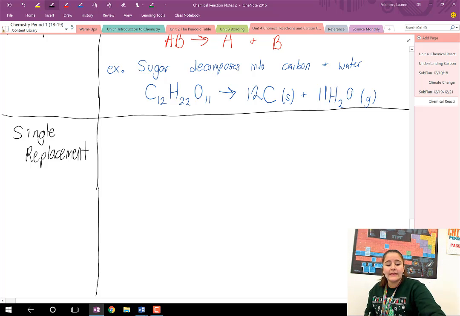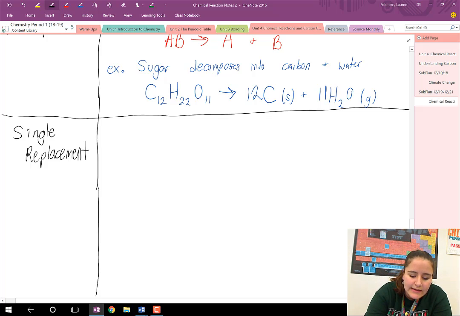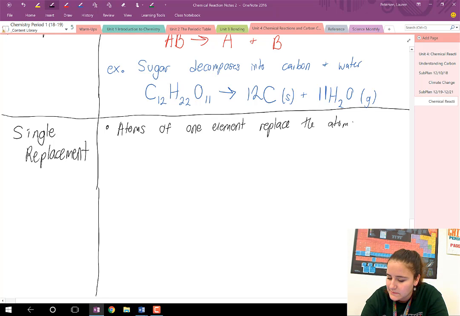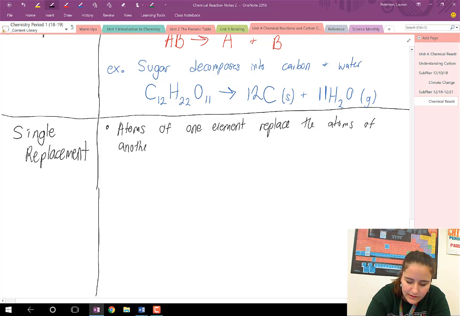Okay, so a single replacement is a reaction in which the atoms of one element replace the atoms of another in a compound.